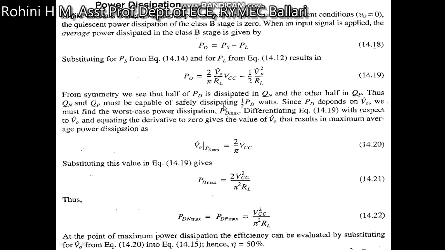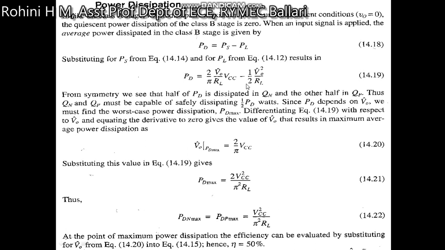We evaluate this worst case power dissipation PD max by differentiating this expression with respect to V out and equating the derivative to 0. So we get the condition for maximum power dissipation.